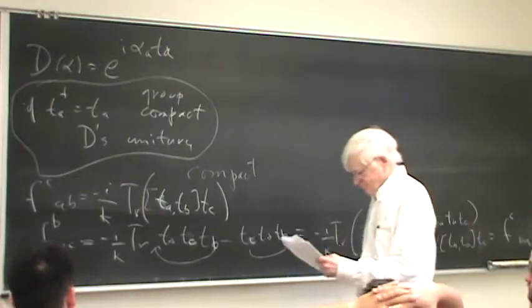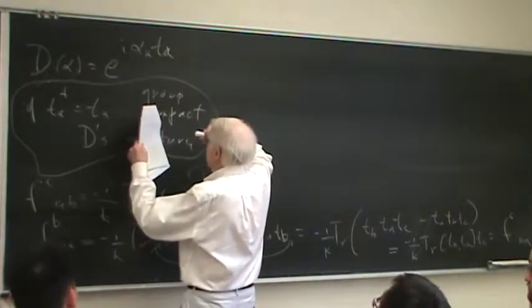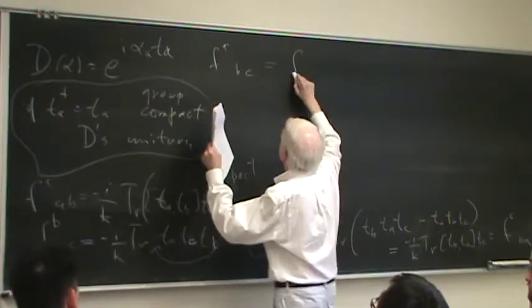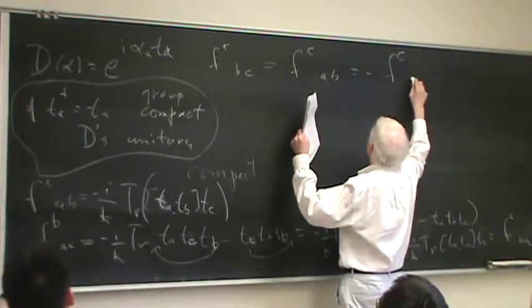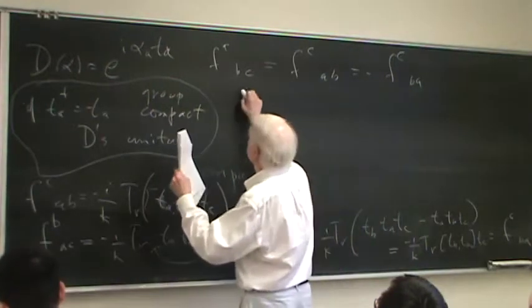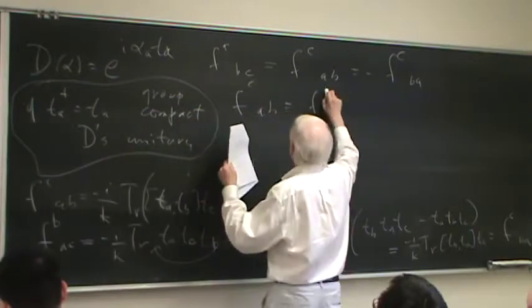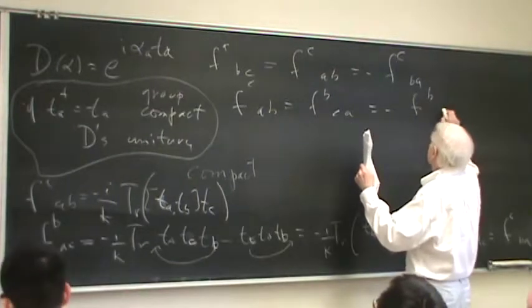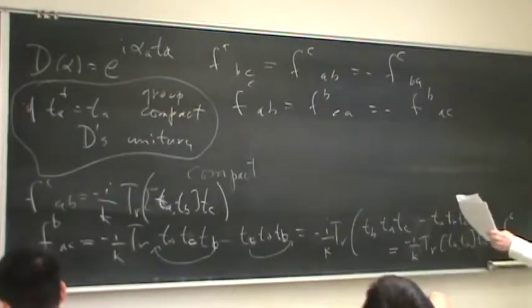And so what one shows eventually is that F^{ABC} is equal to F^{CAB} is equal to minus F^{CBA}. Well, this is just true for any group. And then also F^{CAB} is F^{BCA} minus F^{BAC}. So it's basically totally anti-symmetric.